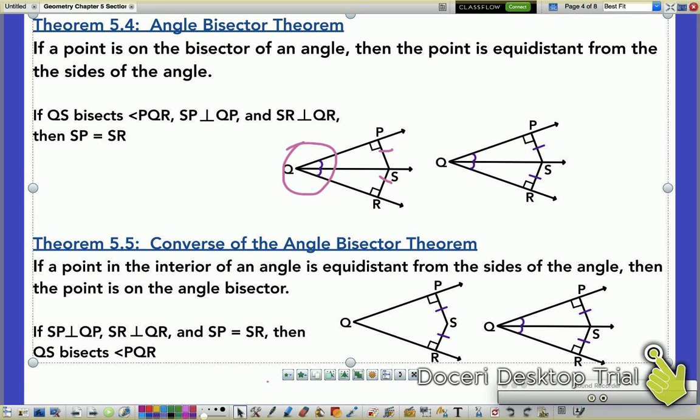The opposite, if a point is on the interior of an angle and it's equidistant from the sides, then the point's on an angle bisector. So we can draw the angle bisector and get congruent parts and congruent angles.